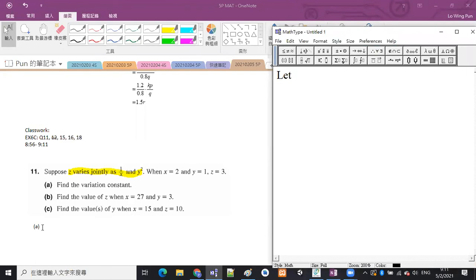So let z be the subject, and then both of them are direct variation. There is no inverse variation, so there will be no fraction. Okay, so just k times something. The first one is 1 over x, and then times y squared.